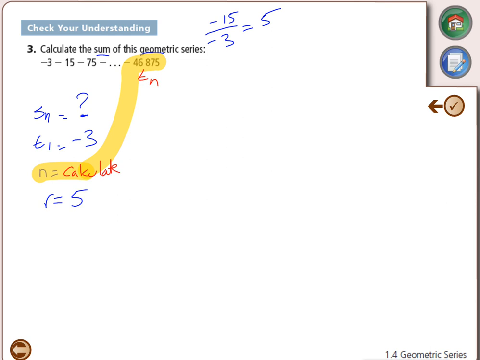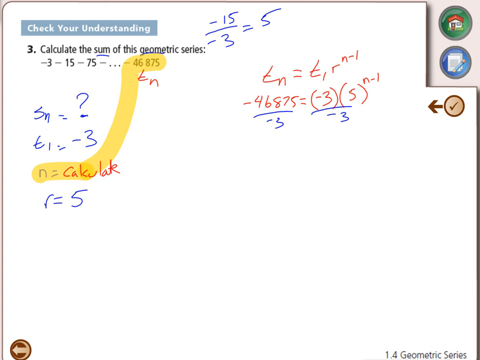How do we do that? Thanks for asking. We're going to use our formula from 1.3. Let's fill in what we know there. Tn, I know, was negative 46875. T1, I can see, was negative 3. My r value, I know, is 5. Oh, look at that. I've got an n minus 1 there that I can work with. Let's divide that negative 3 over.